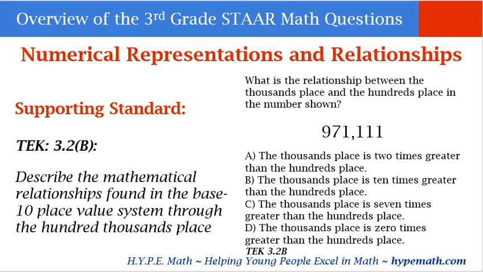Our question says, what is the relationship between the thousandths place and the hundredths place in the number shown? And the number shown is 971,111. And again, based on the answer choices, the student had to read and figure out what is the correct answer for this problem.